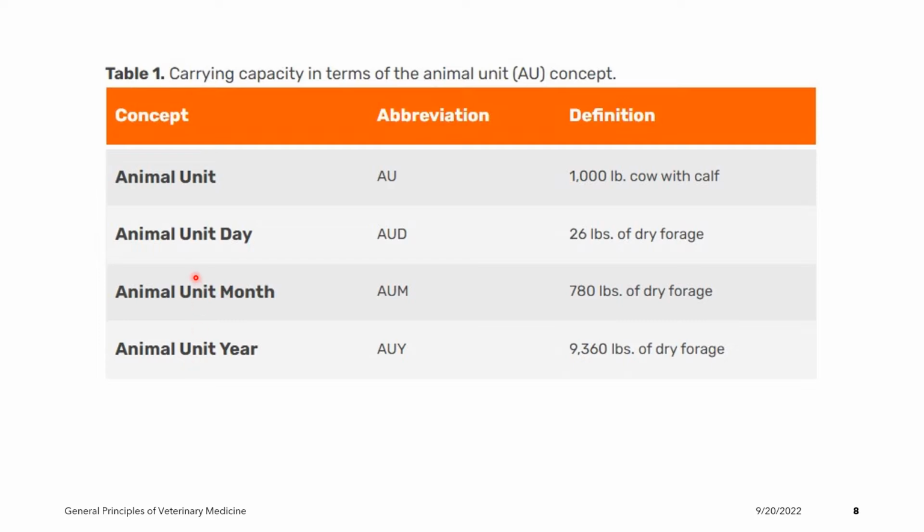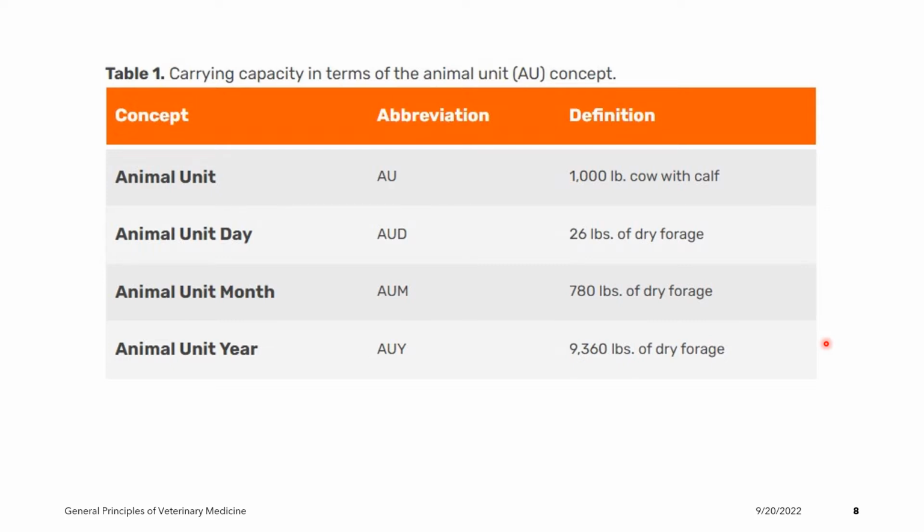So when we say animal unit month or AUM, that is the amount of forage required by one animal unit for 1 month. So we have here our animal unit day. The animal unit day or the AUD is the amount of forage required by one animal unit for 1 day.